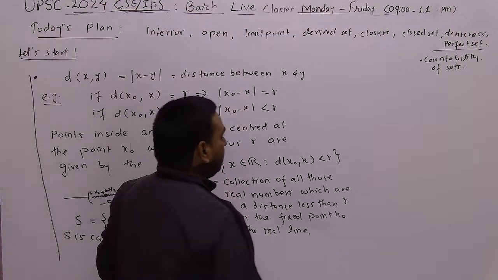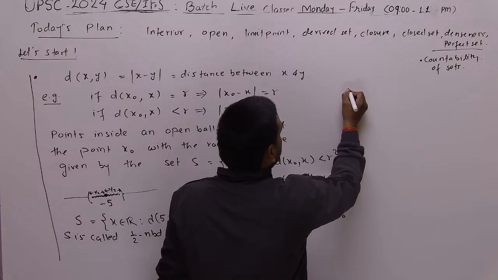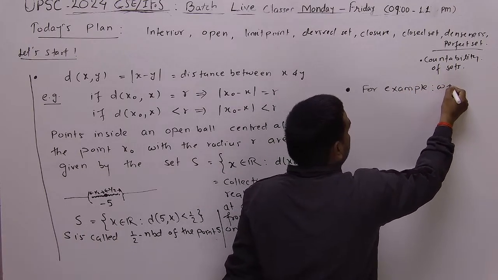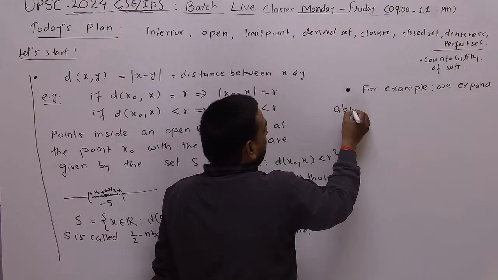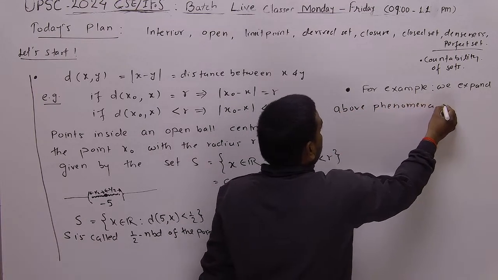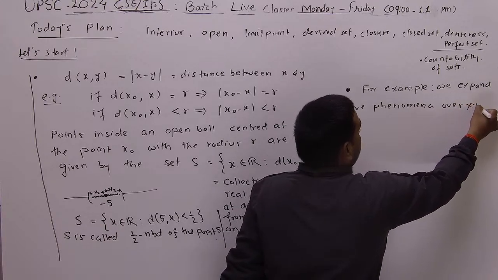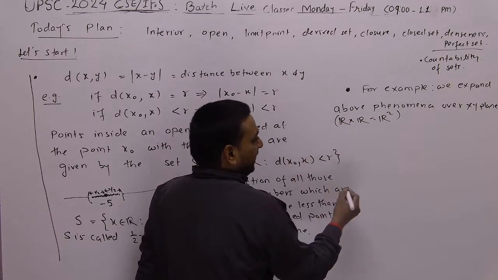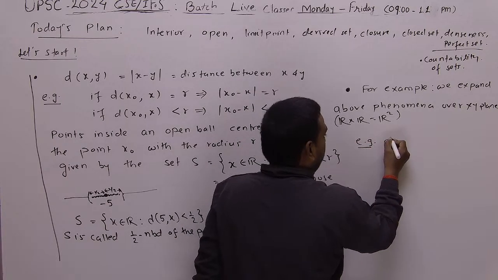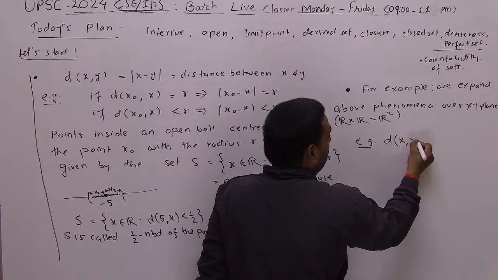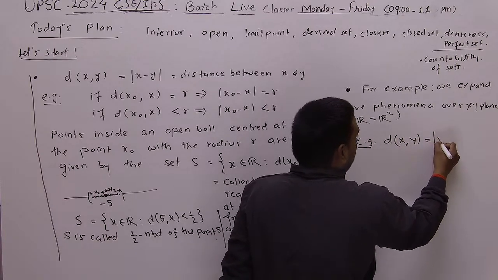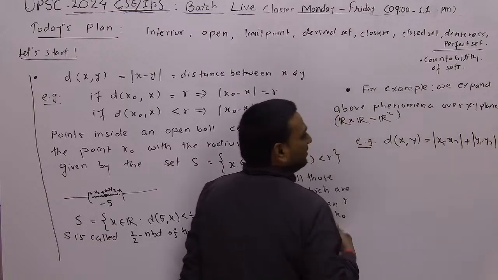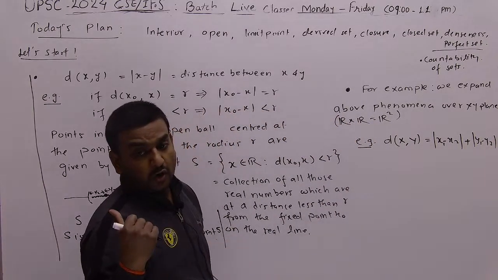Now suppose we expand the above phenomena over the xy plane, that is R cross R, also called R2. For example, if I define d of capital X, capital Y as modulus of x1 minus x2 plus modulus of y1 minus y2, and I have also talked about this in the previous lecture.